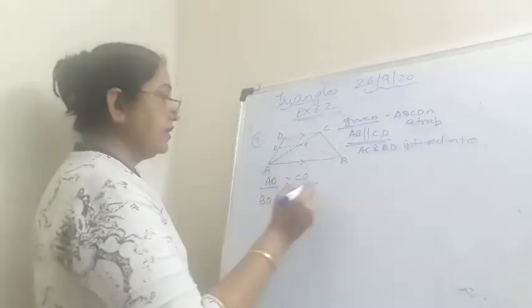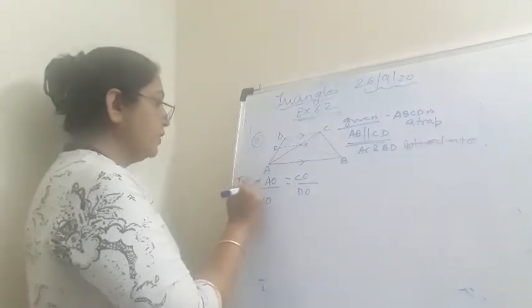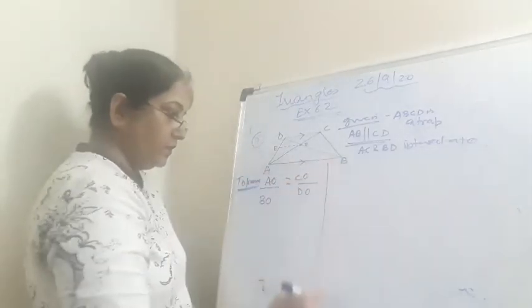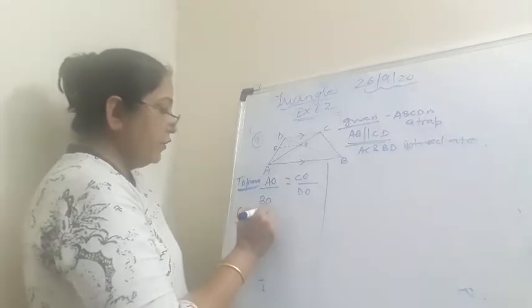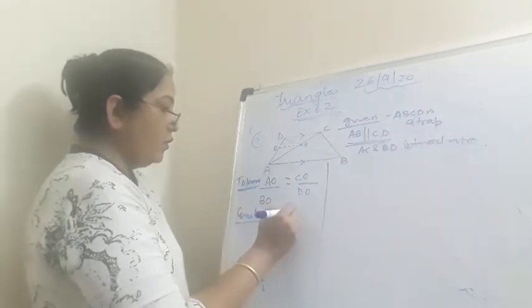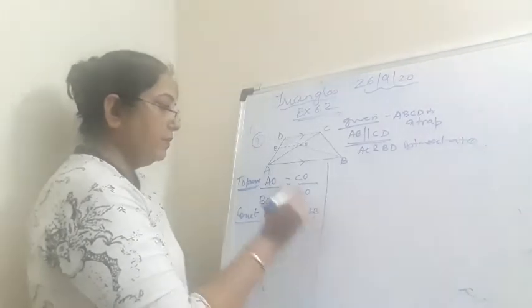Yes, this is the construction. This is to prove. Okay, now in the construction, I will write draw OE parallel to AB.